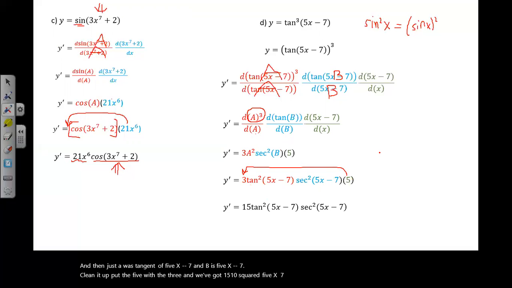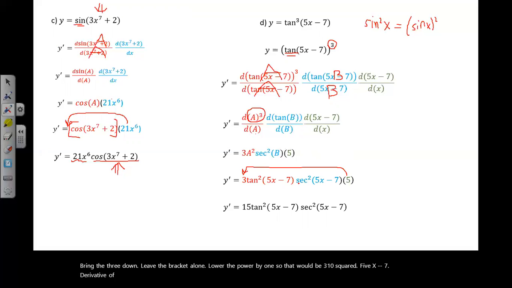5x minus 7. If you want to try that, going from outside in, it's a little more complicated. So the outside function, raising something to the power of 3. Bring the 3 down, leave the bracket alone, lower the power by 1. So that would be 3 tan squared 5x minus 7. Derivative of inside, derivative of tan is secant squared angle, and then derivative of super inside is 5.